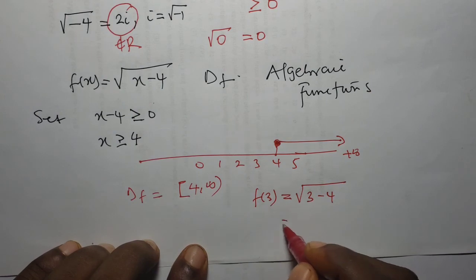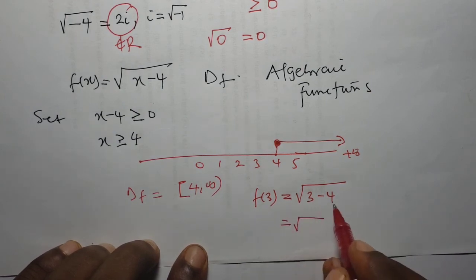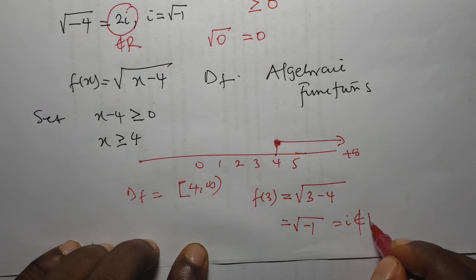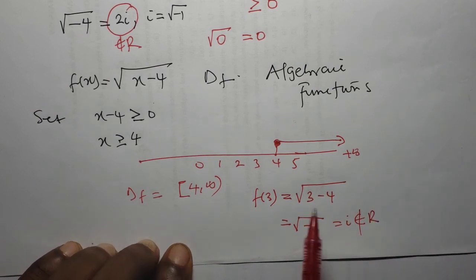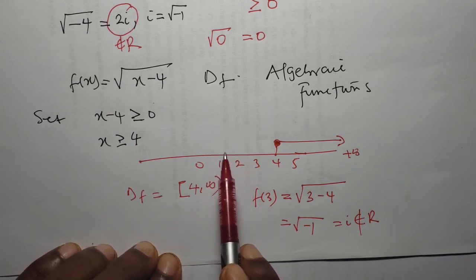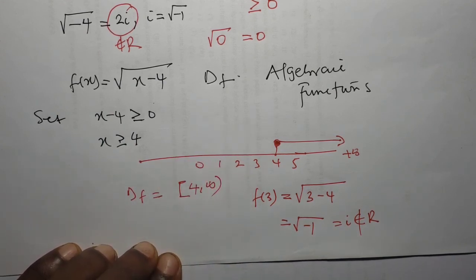And 3 minus 4 is negative 1. The square root of negative 1 is nothing but i. And i is not a real number. The same thing will happen if you put the value 2, or 1, and every other number to the left on the number line.